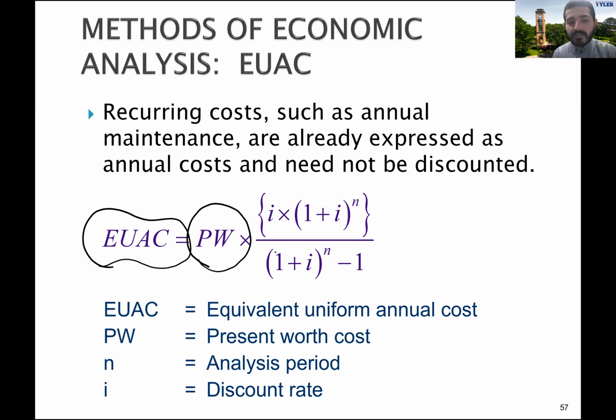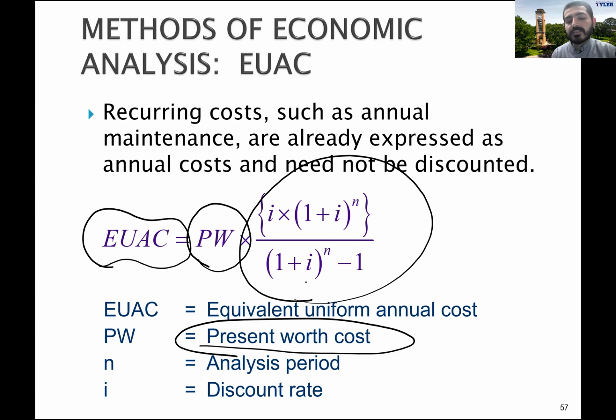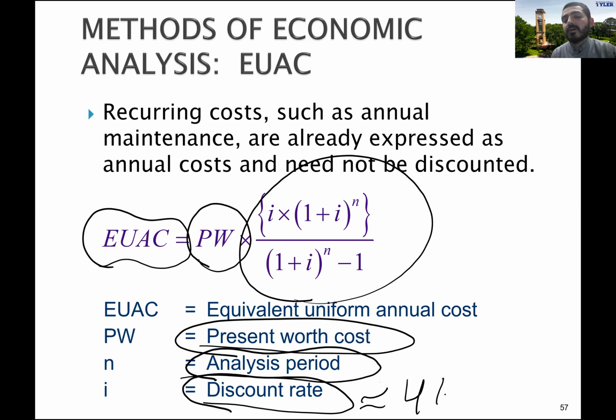That ratio is going to give you how much it costs per year, knowing the analysis period, which is n, and the discount rate. If it's not given to you, it's safe to assume it's about 4%.